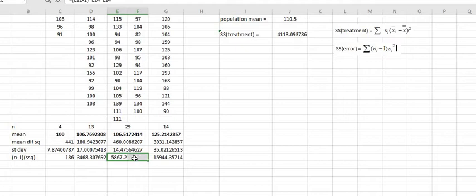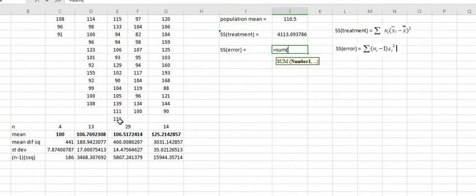Okay na. So, merge. Okay. Therefore, when we sum up this one, our SS error, that is equivalent to the summation. So, equals the sum of this value. Okay. That's it.